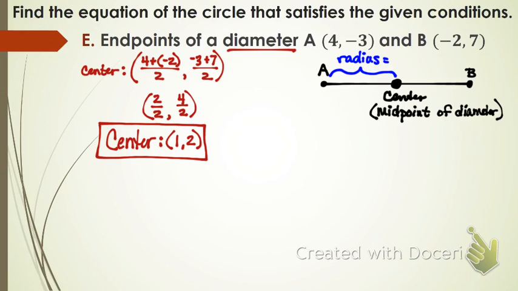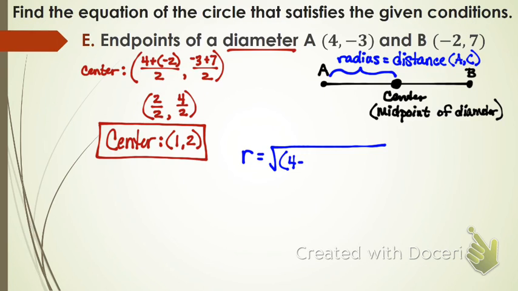Radius is equal to the distance between A and C. So let's do that. My radius would be equal to the square root. Here's where I subtract x2 minus x1.